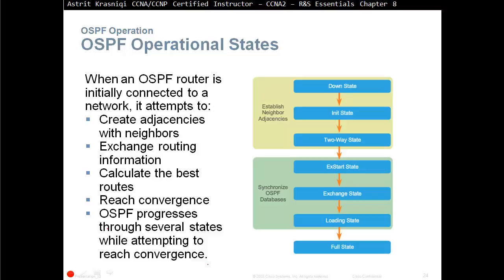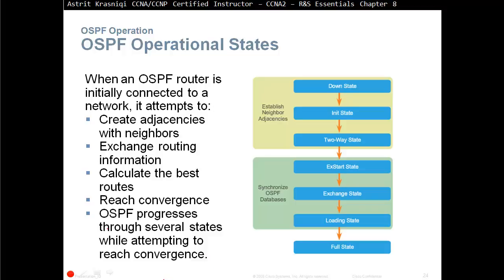So synchronization, then we move on to ExStart state, where, for example, if we are in a multi-access network, we elect the DR, designated router, and backup designated router, and we find out who's the slave and who's the master. On a point-to-point, for example, who's going to start the exchange. And then we actually exchange it.